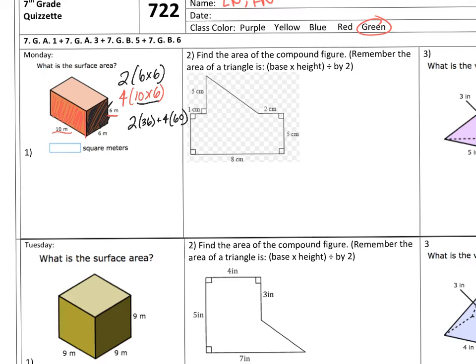Now, 2 times 36 is 72, plus 4 times 60 is 240. Now, if you add 240 and 72, you end up getting 312 square meters.